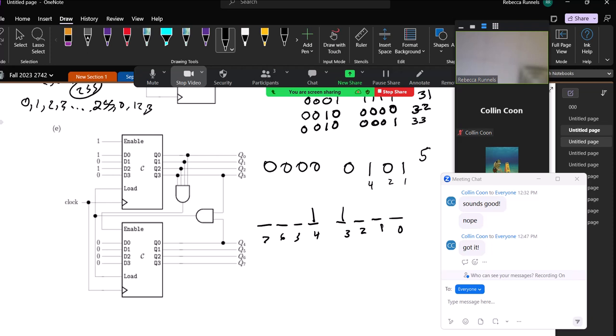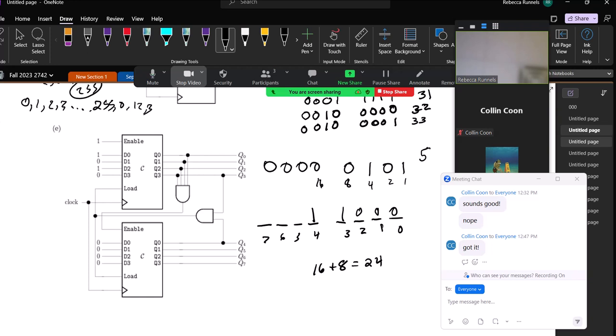It's going to keep counting until both Q3 and Q4 are 1. And that's not going to happen until we get to, so this is 1, 2, 4, this is 8, this is 16. So that means we have a 1 in the 16's place and a 1 in the 8's place. That'll happen when we get to 24.